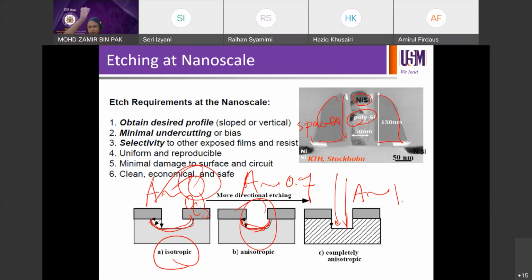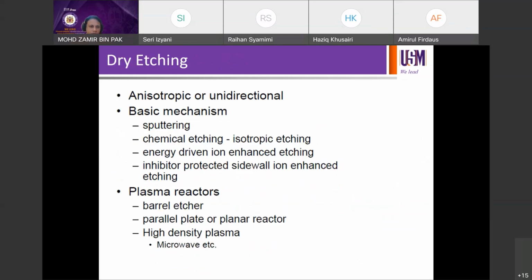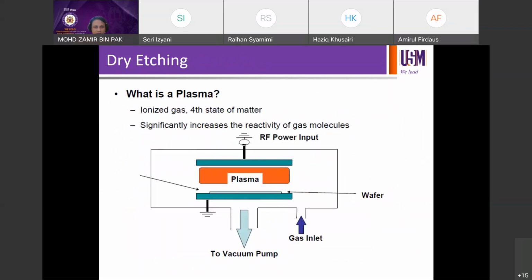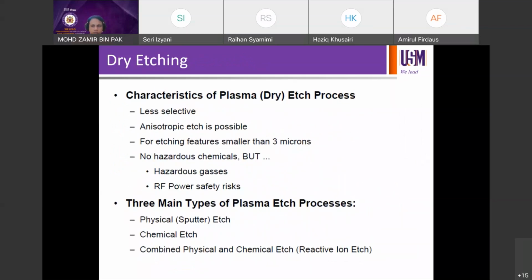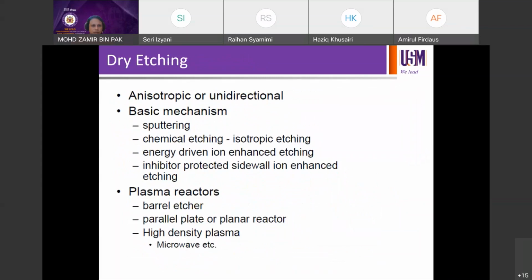Right, dry etching, let's cover another 5 minutes, I think. Right, what's dry etch, anisotropic or unidirectional? Okay, we've covered briefly just now. So basic mechanisms: there are sputtering process, chemical etching, and then energy-driven ion enhanced etching.